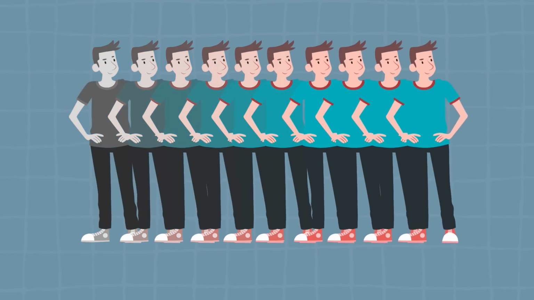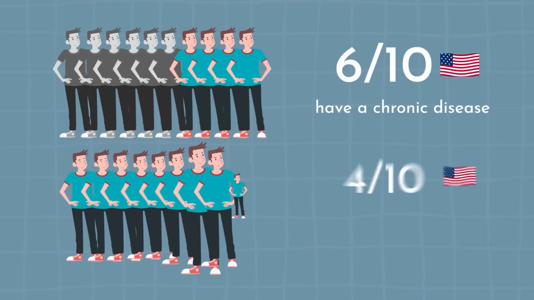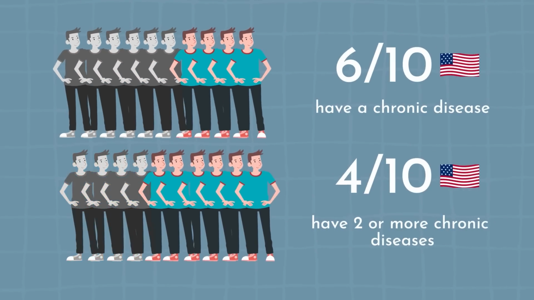So today we have numbers that are not really exciting for us. 6 out of 10 Americans have a chronic disease. 4 in 10 Americans have 2 or more chronic diseases. And these chronic diseases are leaving people disabled.